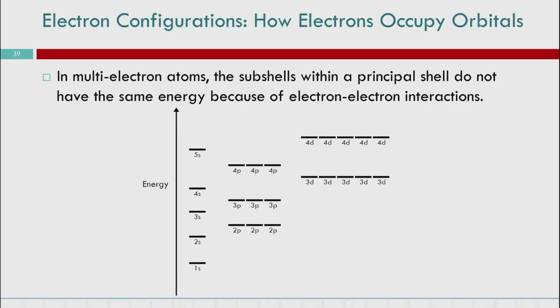We've got energy on our y-axis, so our lowest energy things are down below. We've got things separated out by our S in this left column, our P in the next column, and then our D in the third column, just to space things out a little bit. And we've got individual boxes representing each of the orbitals within our subshell.